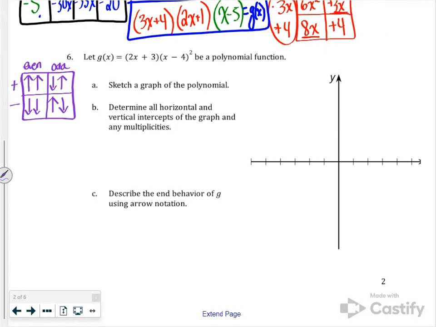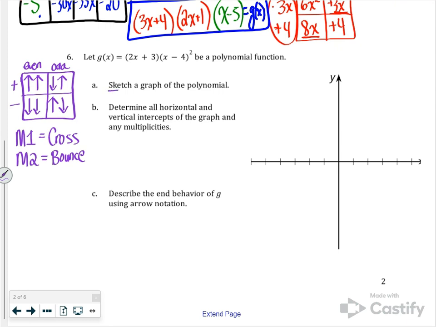So that's the first piece of background information you need to know for this question. And you also need to know if something has a multiplicity of 1, that will be a cross, and if it has a multiplicity of 2, it will be a bounce. So let's start putting all that together in our problem.